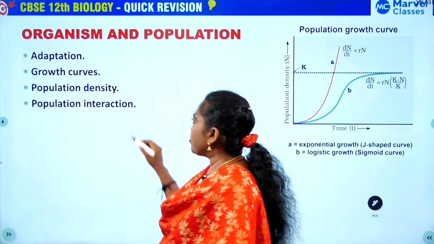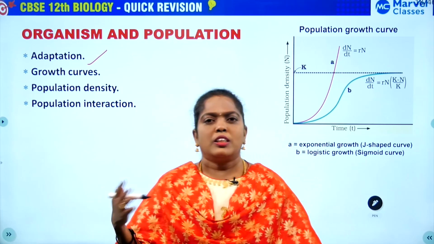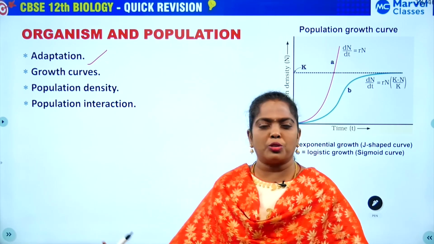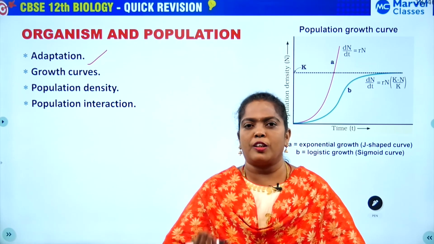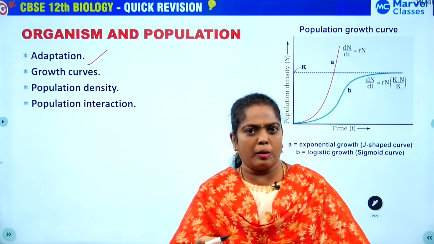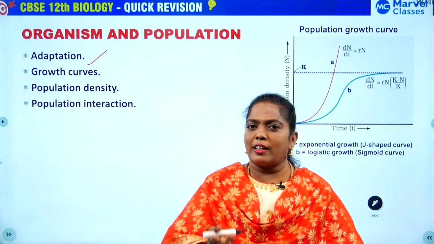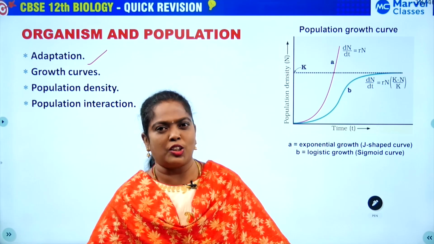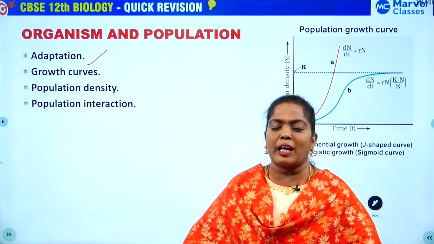Here is adaptation. This is the easiest chapter, students. Even when you feel very bored, you can take this chapter and just learn adaptation: how the kangaroo rat adapts by concentrating its urine, and the byproduct of fat oxidation is water, and how desert plants adapt, the CAM pathway.